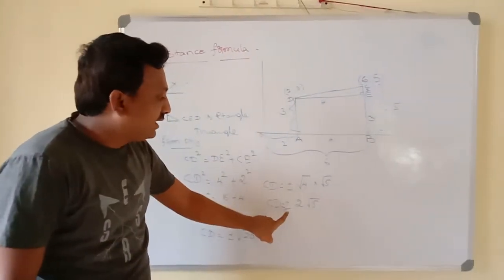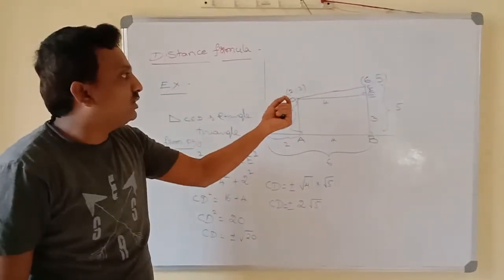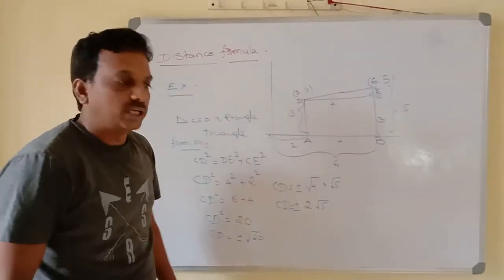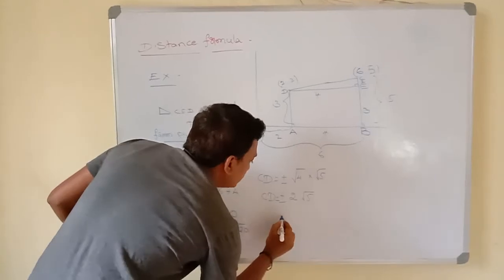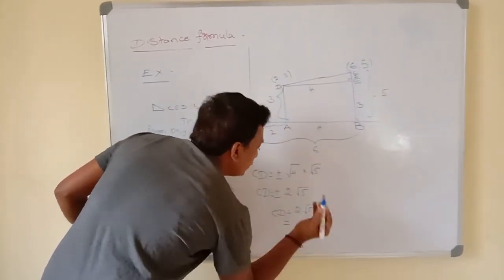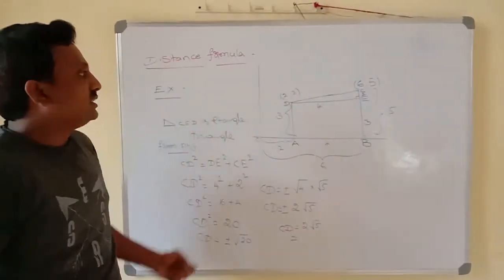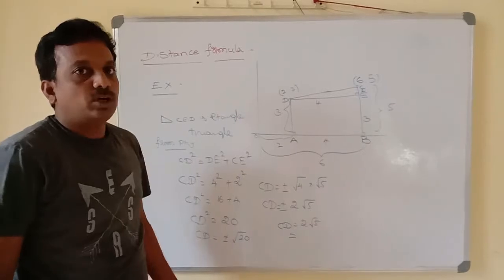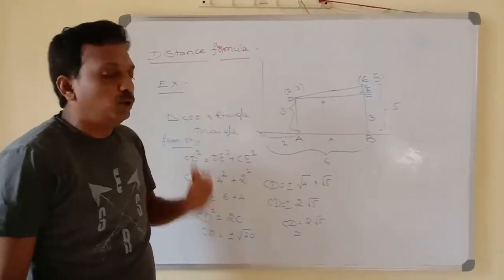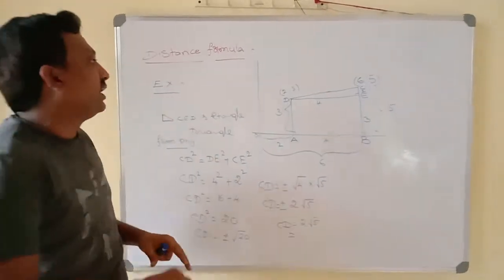The negative value is neglected because distance is always considered positive. Therefore CD equals 2 root 5. This is the distance between the two points. This is the concept we use to find the distance between two points.